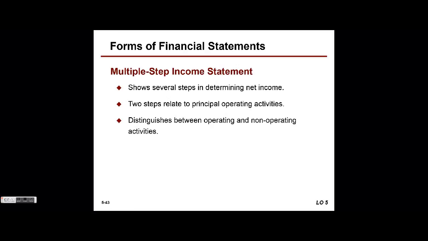A multiple step income statement is commonly used by merchandisers or companies that sell inventory. That is their business, and it provides more detailed information of costs. Mainly, it separates inventory-related costs from operating costs. All right. So we're going to take a look at that.